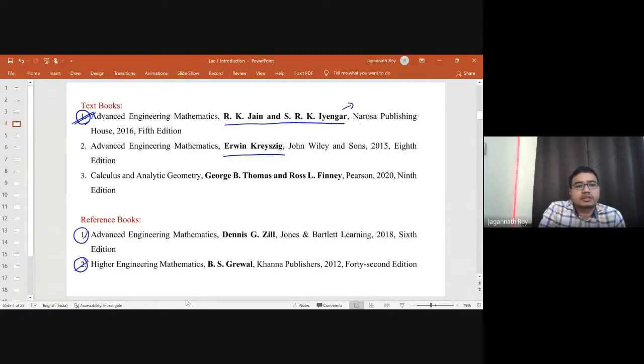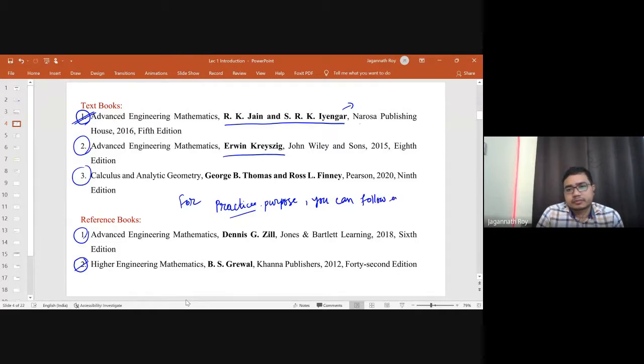All the PDF copies are there. For practice problems, you can solve the exercises for practice purpose. Any one of the 5 textbooks to solve the exercises.